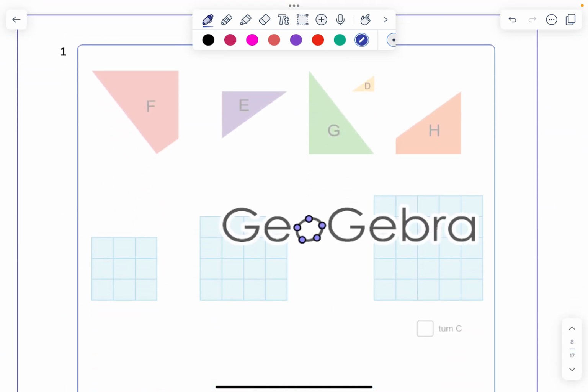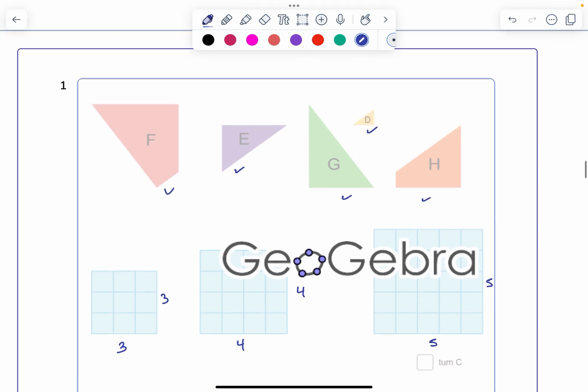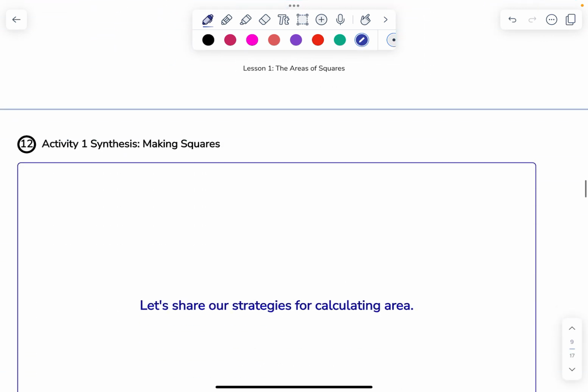So here you have your 5 shapes: D, E, F, G, and H. And then you have these really nice 3 by 3, the 4 by 4, and the 5 by 5 square. You're going to move and rotate and flip these different shapes around and try to make a square.